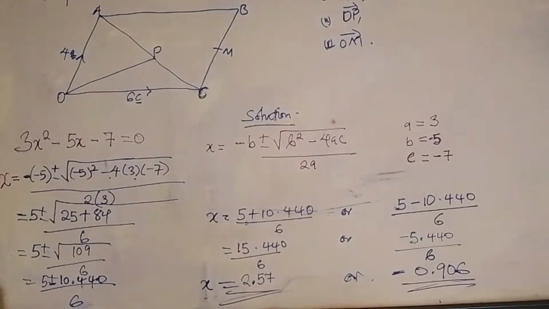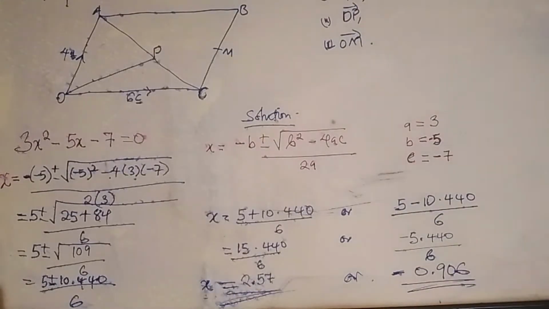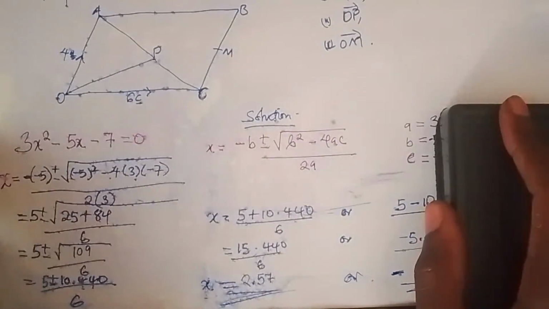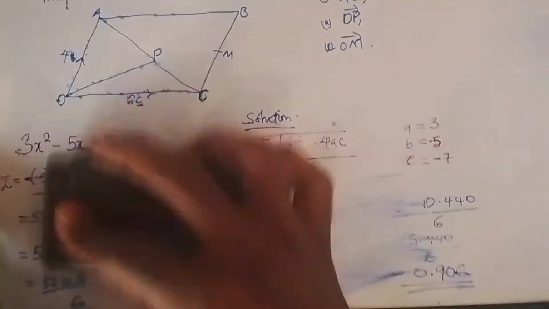So now let's try and solve our main question, which is vectors. So now how can you solve vectors? So that is our second question which we are going to answer. So I hope you have gotten something here.